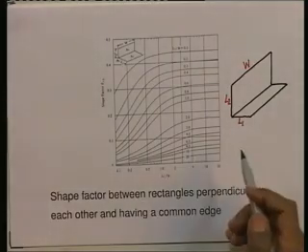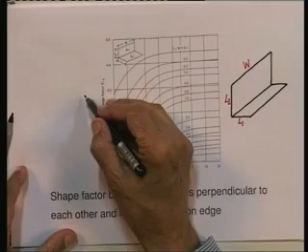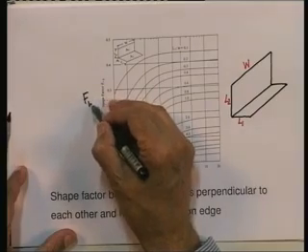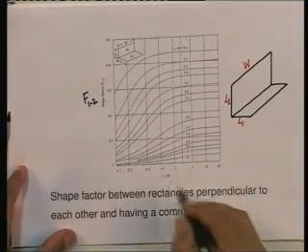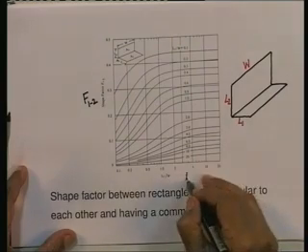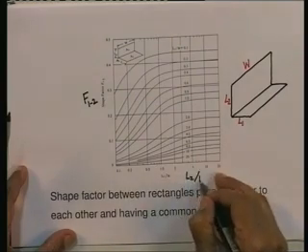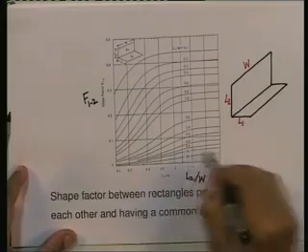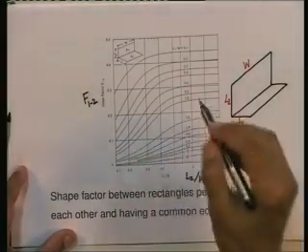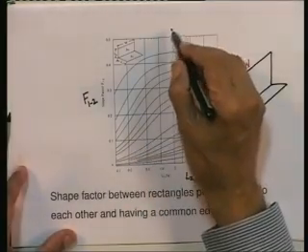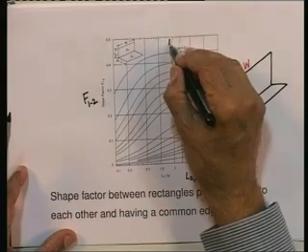We would like to know the shape factor. For this case also shape factor has been calculated, and on the y axis here we have f1 to 2, on the x axis we have L2 by W, and the different graphs drawn here are for varying values of L1 by W.